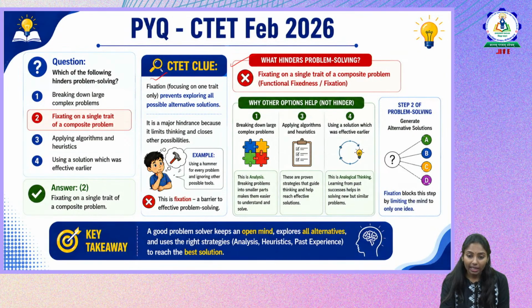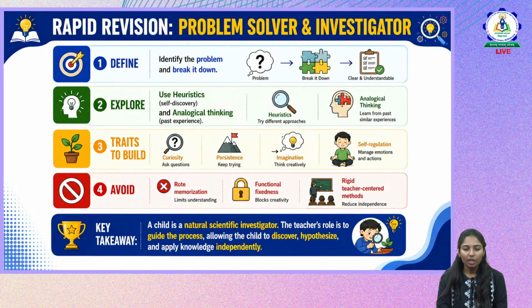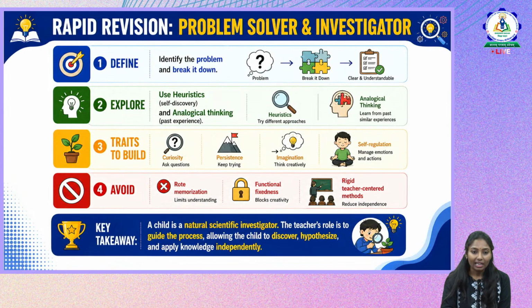Any problem solving strategy requires us to generate certain steps, breaking down large problems into small manageable problems. Either you have to apply heuristics or algorithms depending on the need, and you will do it. Then let us do a quick revision of what all we have done. पहले we talked about what problem solving is and how to break it down into clear and understandable problems.